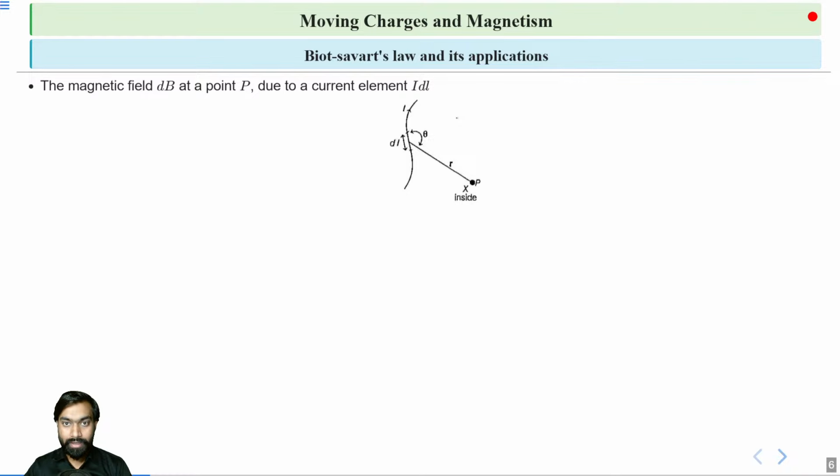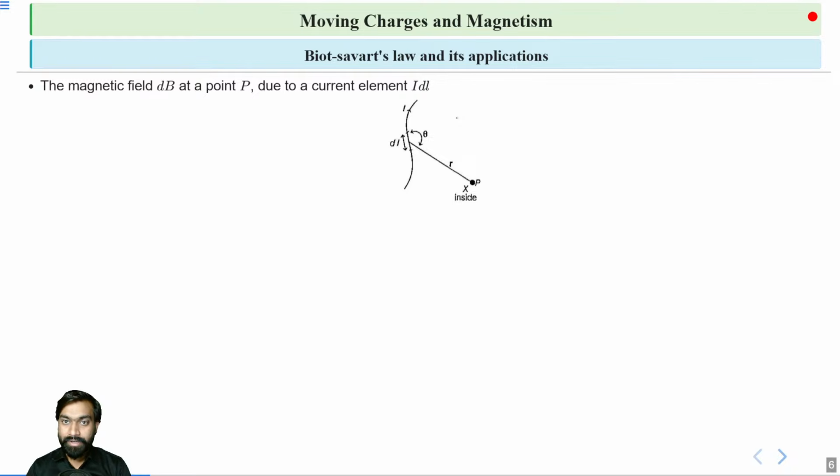Look here in the diagram. Here we have a wire and a current element Idl. For the current element Idl, we have to find out the magnetic field at point P.